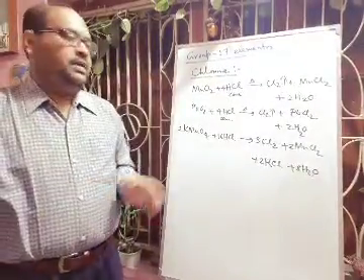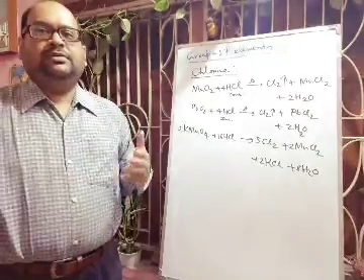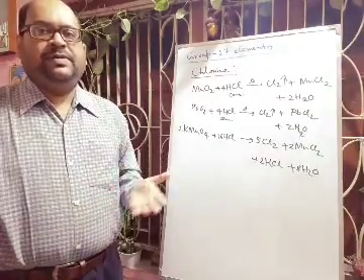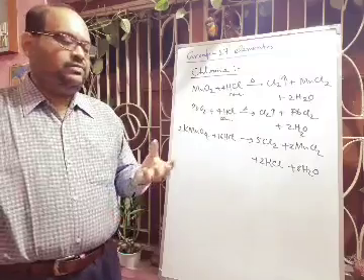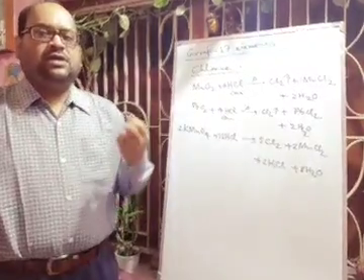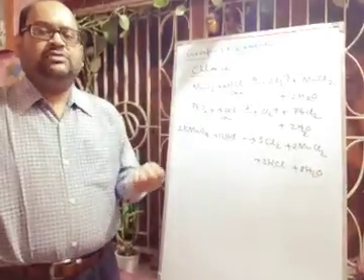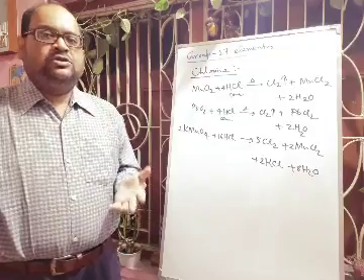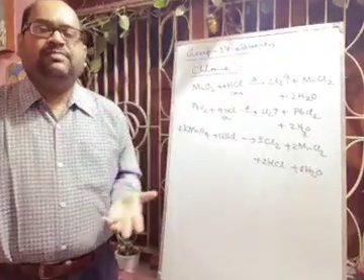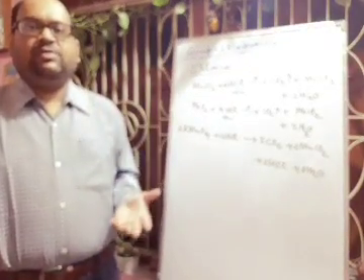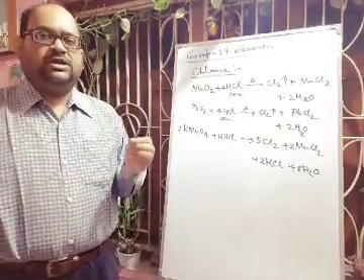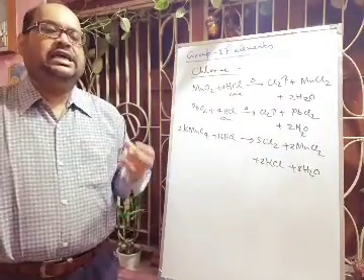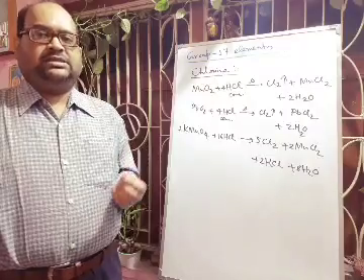But in the laboratory, chlorine gas can be prepared from manganese dioxide, sodium chloride, and concentrated sulfuric acid. So from sodium chloride we are getting this chlorine, and manganese dioxide is used as oxidizing agent. We have to take finely powdered manganese dioxide and sodium chloride, in the ratio 1:1, in a round bottom flask.